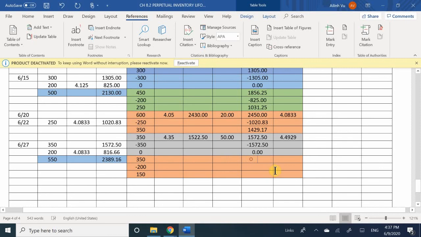So again, here we know that 350 is going to cost us 1429.17. And then we're going to subtract out our 816.66. And Andrea, what do we get here?